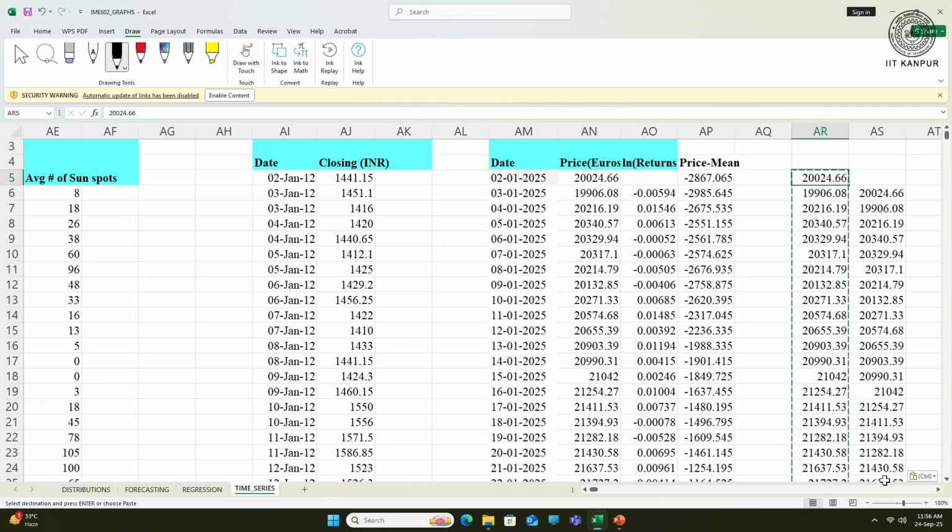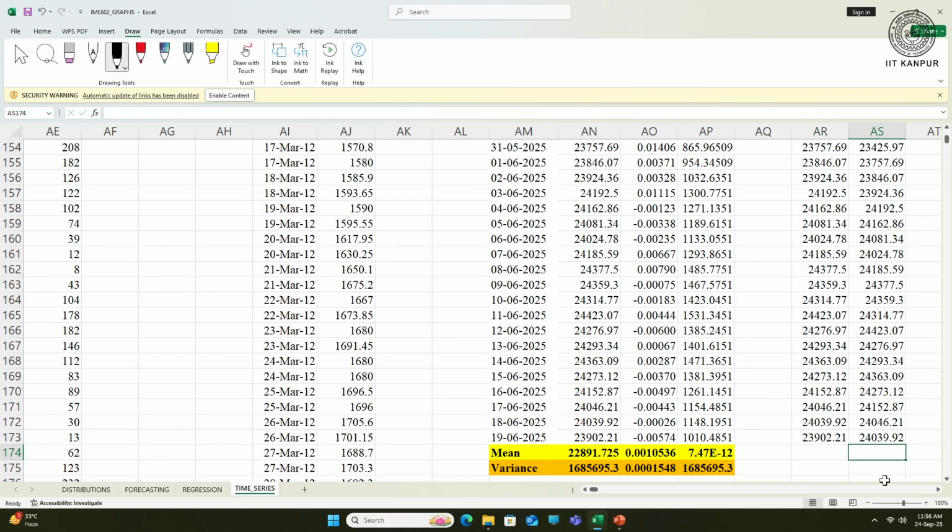So, this is the actual data x t, and this is x t minus 1. I can have t minus 2 if it is shifted twice. What I need to do is find the correlation between them.